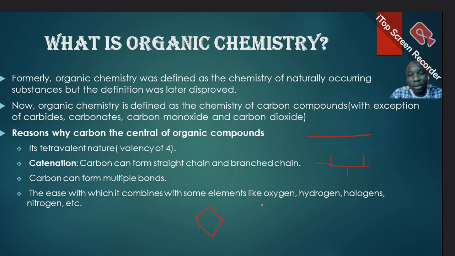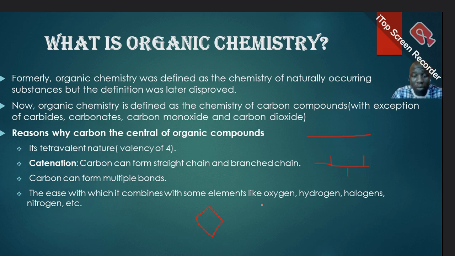Some elements in the periodic table can form only a certain number of bonds. For example, oxygen forms double bonds, nitrogen forms triple bonds, fluorine and other halogens form single bonds. But carbon can form single bonds with itself and with some other elements as well.